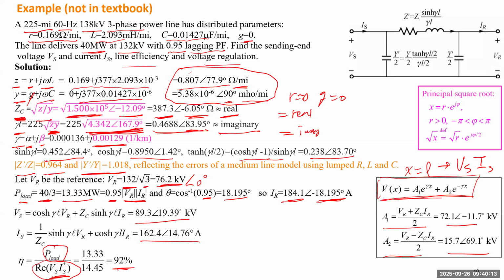So the efficiency is 92%, so there's an 8% energy loss. And voltage regulation, by definition, is the source voltage minus the load voltage, divided by the load voltage. So the regulation is 17%. It's not zero, which means there will be some voltage drop along the line. Okay, so this is the example.